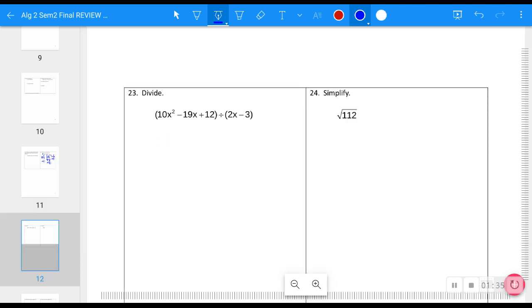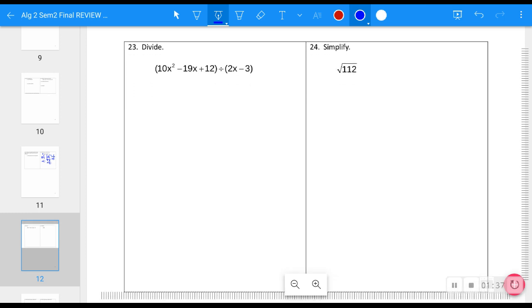Okay, number 23 is a long division problem. We're going to be dividing the trinomial 10x squared minus 19x plus 12 by the binomial 2x minus 3.